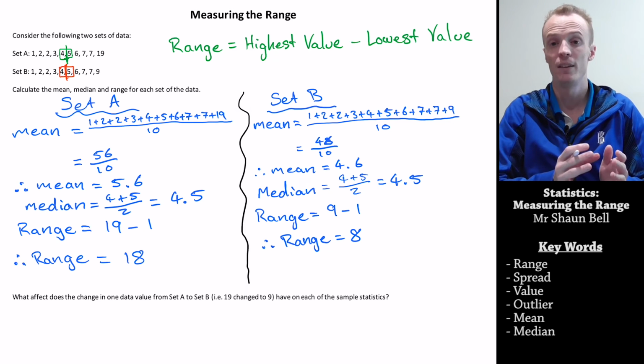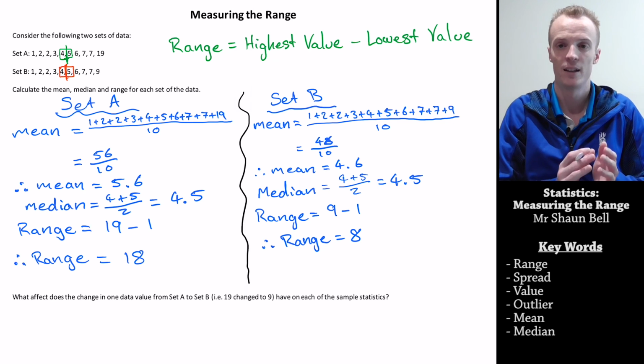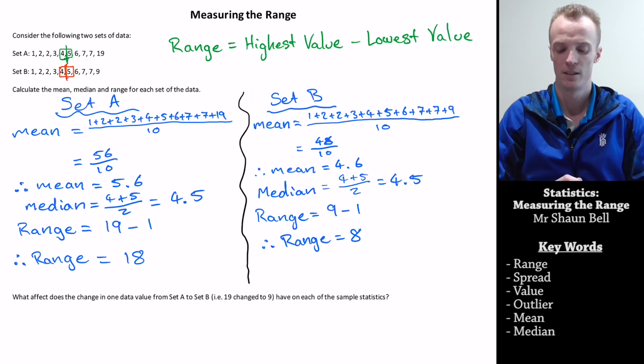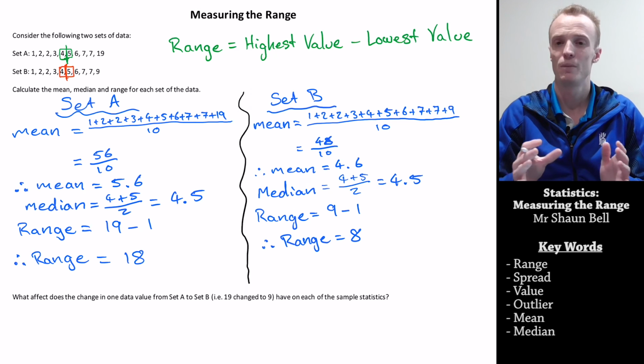Now, we can't just get rid of this outlier, but we can suddenly see that when we do have outliers in our data, they can have a significant effect on some of the measurements that we take in data. And this is the reason why the median can sometimes be considered a better measure of the true centre of a data set.